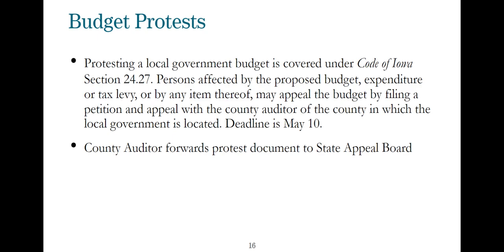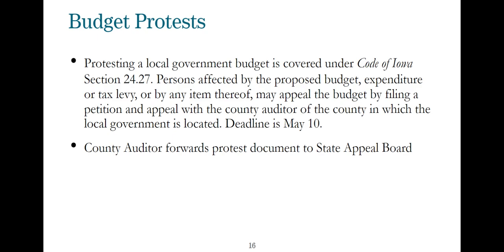It's always with the county auditor in the county in which the local government is located. So, obviously, if you're a city assessor, then they would file those documents with the county auditor of your city. The deadline for those budget protests is May 10th, and those protest documents would be given to the county auditor.